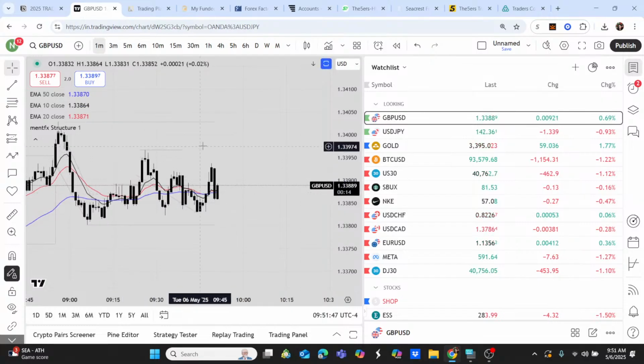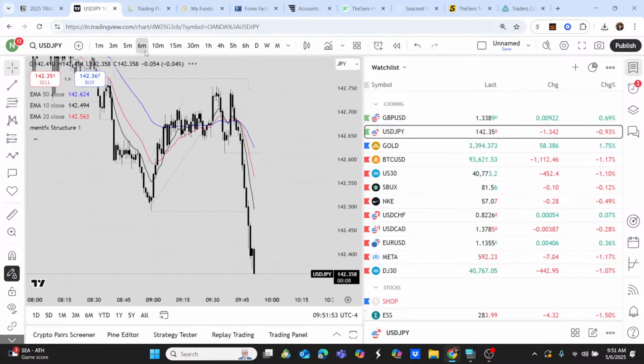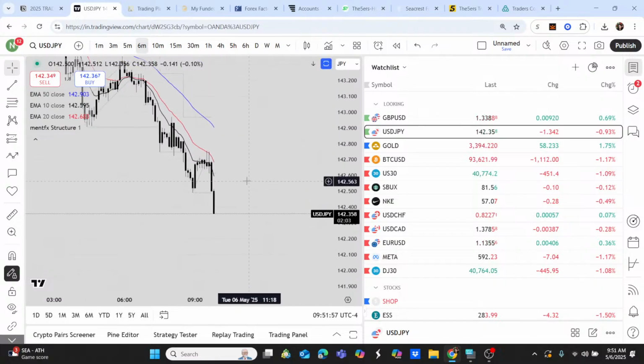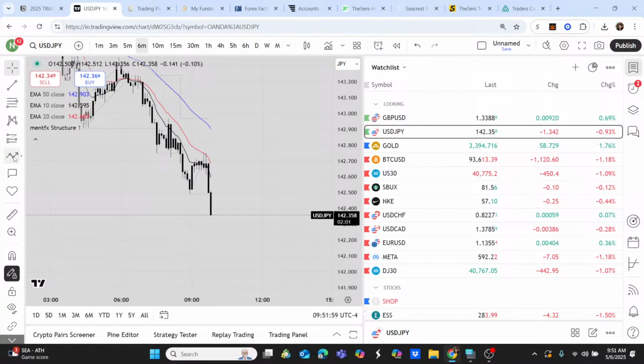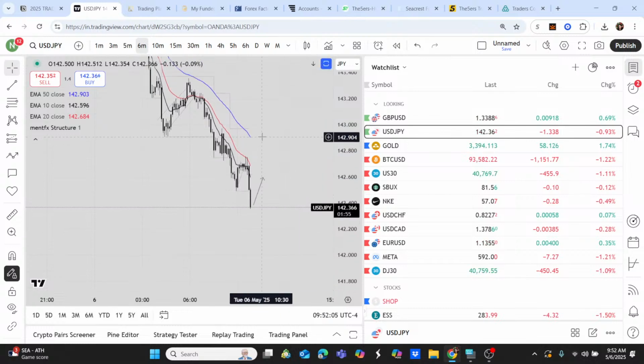But it ended up just re-breaking downwards. So if I'm looking for another 1 minute entry, I will have to wait for a clear pause against this 10 and 20, and then I'll be back on that 1 minute.